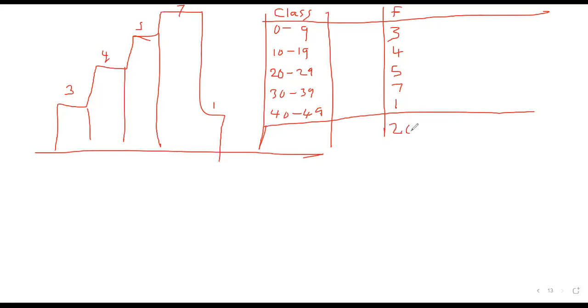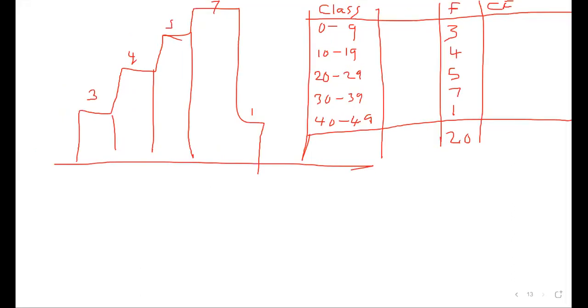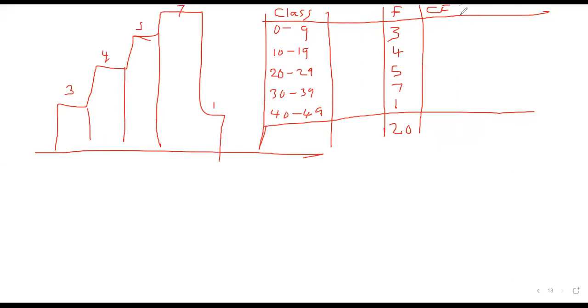The total is coming to 20. Then we had the cumulative frequency. We have 3 here. We add 4, we get 7. We add 5, we get 12. We get 19, and 20 here.